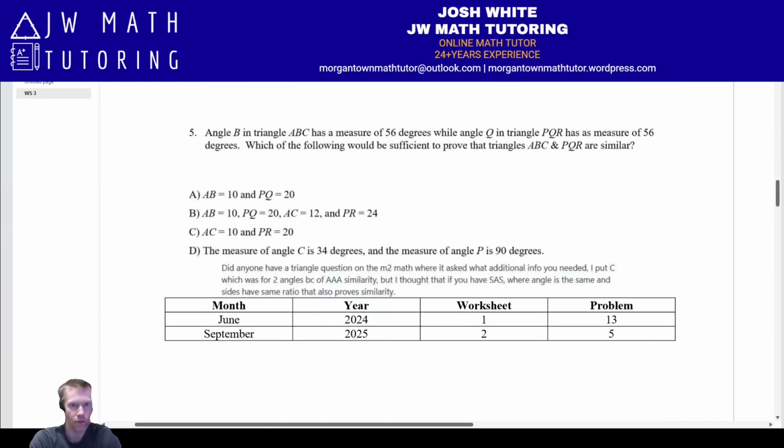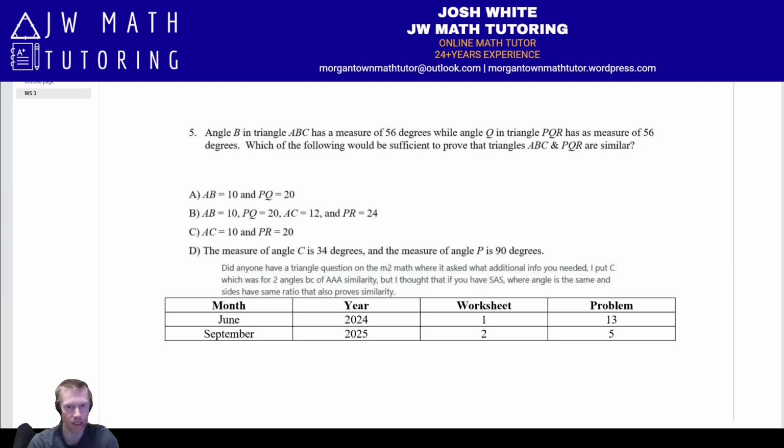Next up, there was a report, you can see here, about being given some information and about what's sufficient to prove that this triangle is similar to that triangle in terms of angle measures or side lengths, and so on and so forth. Now, this is one where there could be multiple variations.